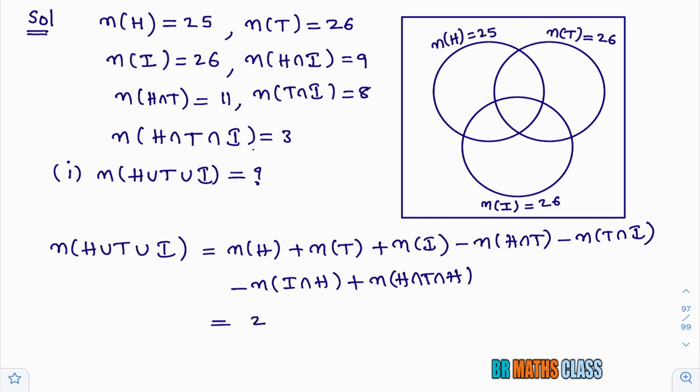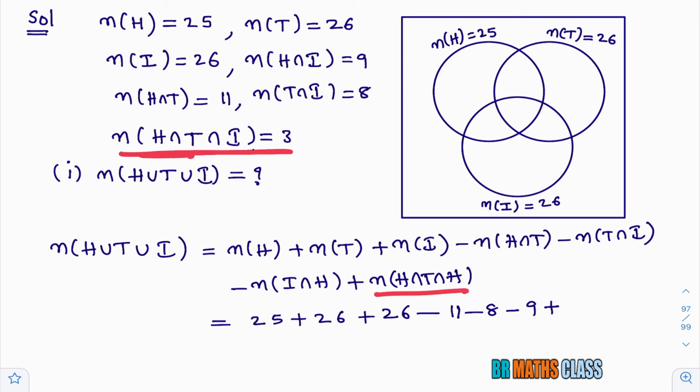You write those: 25 plus 26 plus 26 minus n of H intersection T, which is 11, minus n of T intersection I, which is 8, minus n of I intersection H, which is 9, plus n of H intersection T intersection I, which is 3. I just substituted the given data.